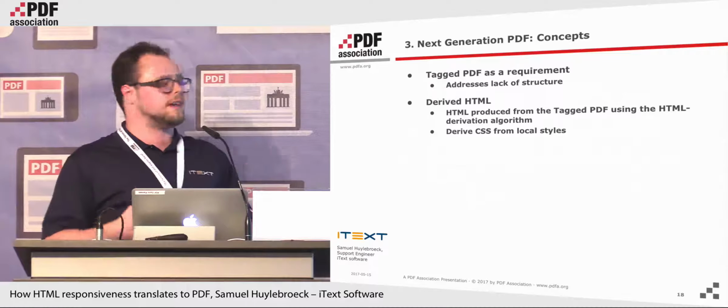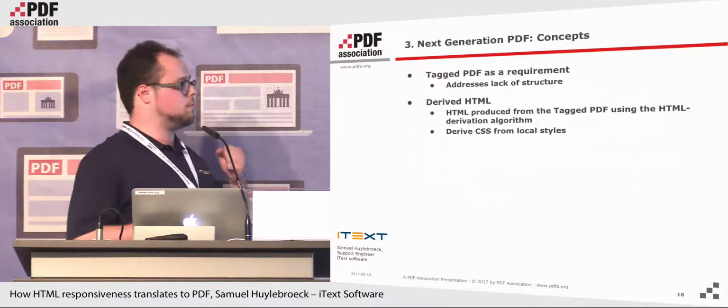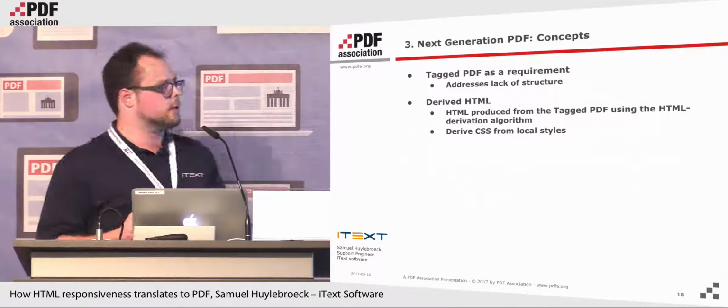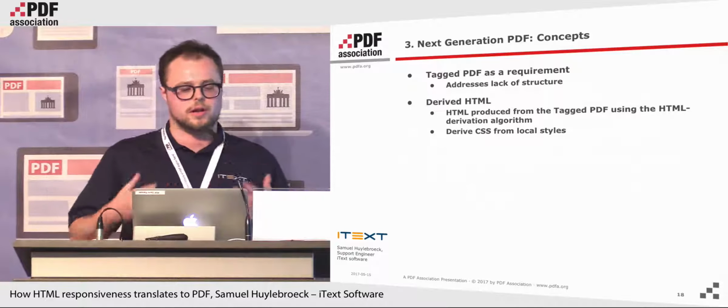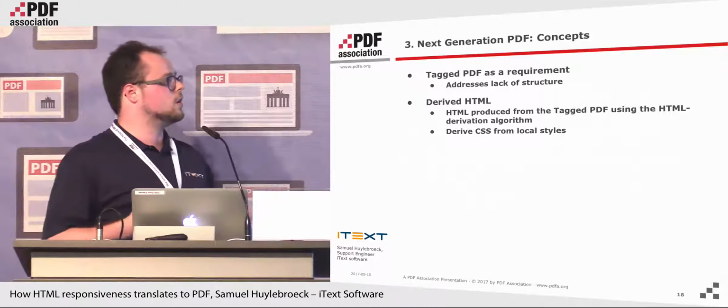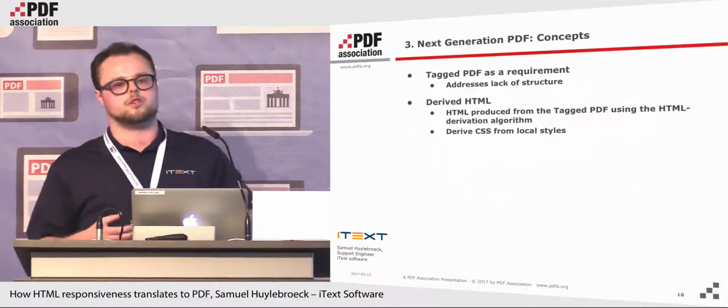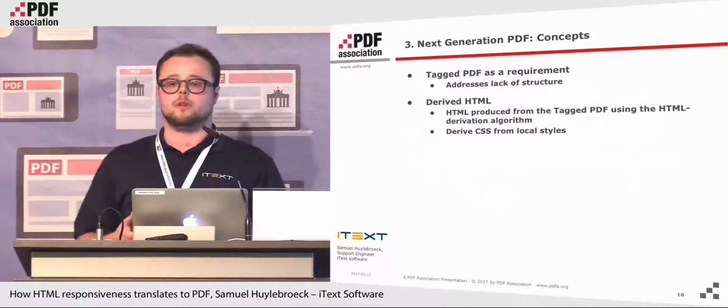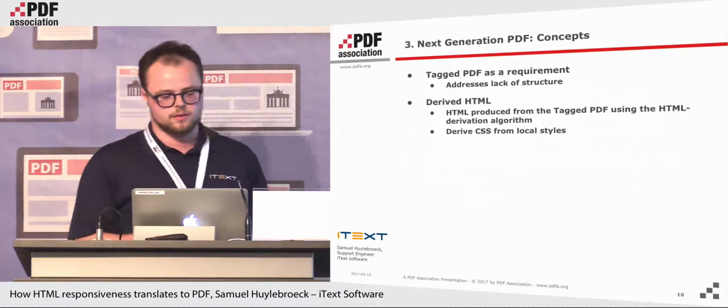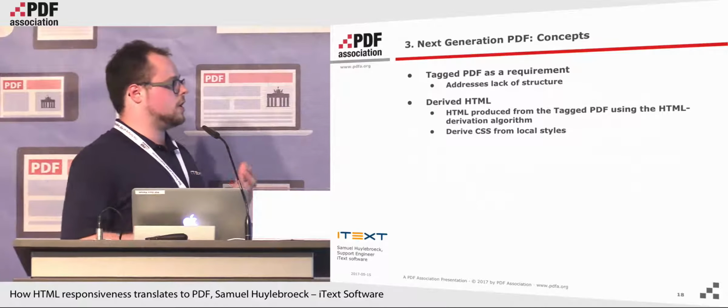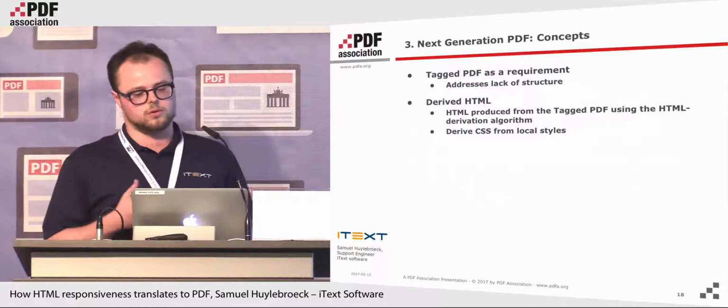And of course, from the tag structure of the PDF itself, we can get our derived HTML produced from the tagged PDF using the HTML derivation algorithm. We've had one talk about this before in this track. Of course, you can derive your CSS from the local styles.